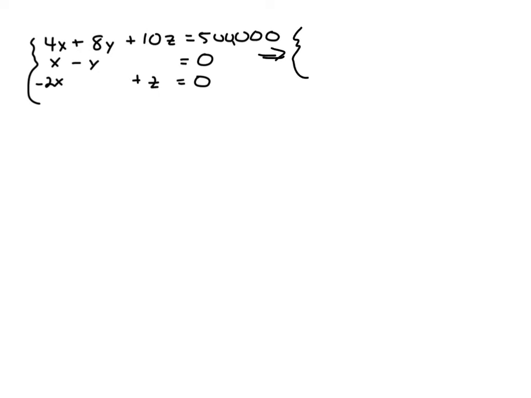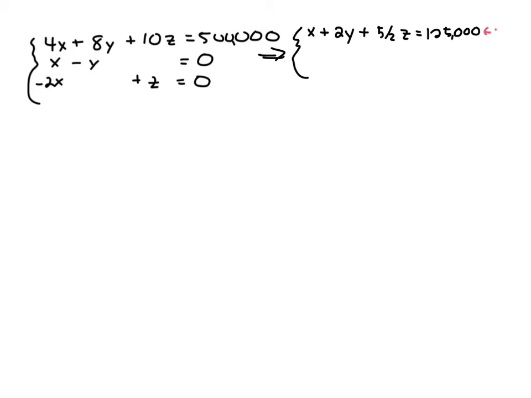So instead of 4x, it'll be x, and instead of 8y, it'll be 2y, that's 8 divided by 4. And then 10 divided by 4 is the same thing as 5 divided by 2, z. And then that's going to equal 125,000. Okay, so let's label this.